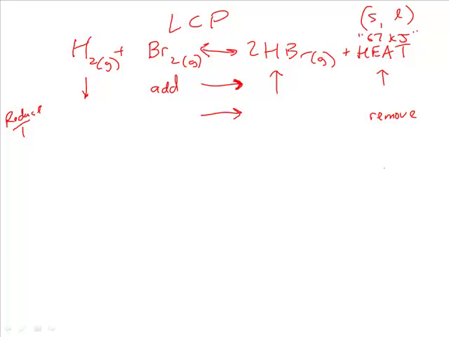So if I took out heat, the equilibrium shifts towards trying to make more heat. To do that, it has to make more products. So it increases the concentration of the HBr, decreases the bromine, and decreases the hydrogen. So it tries to shift to negate the change that you did.